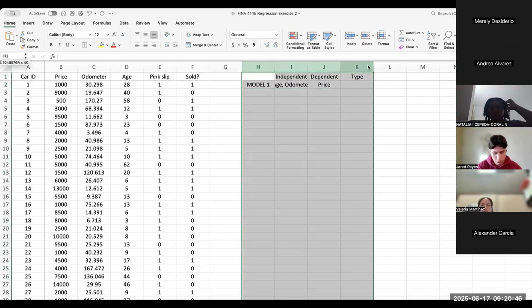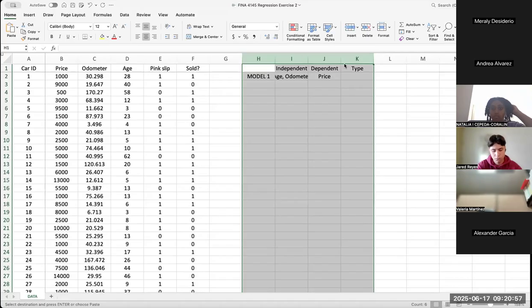Okay, so I'm going to put the models in sequence as we go. No, my computer's acting funny. It's weird.